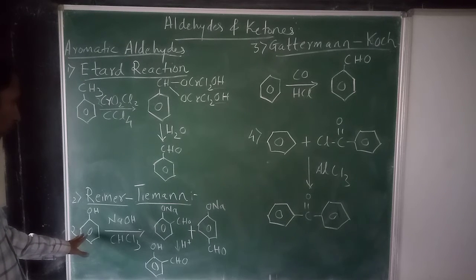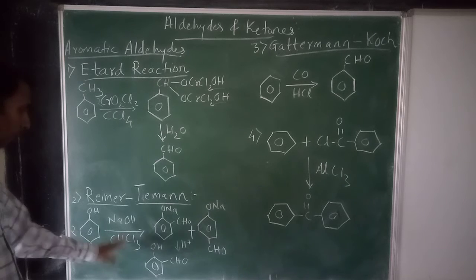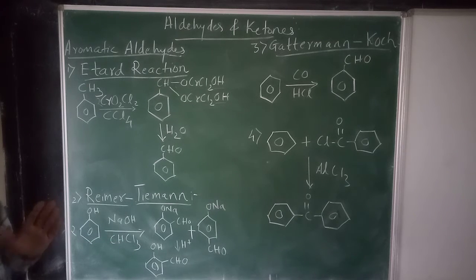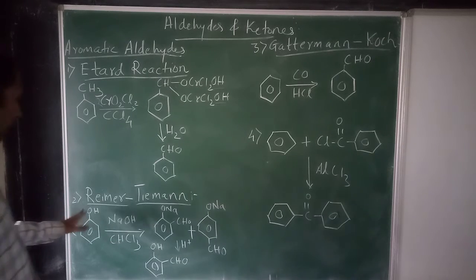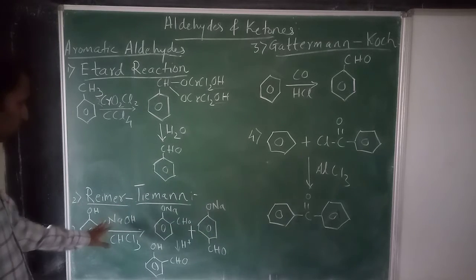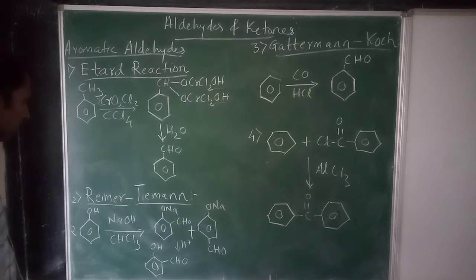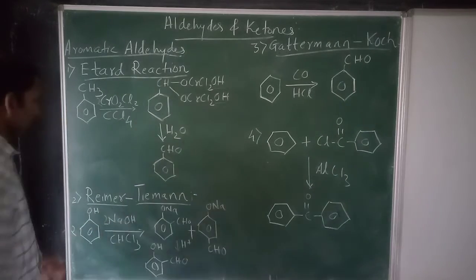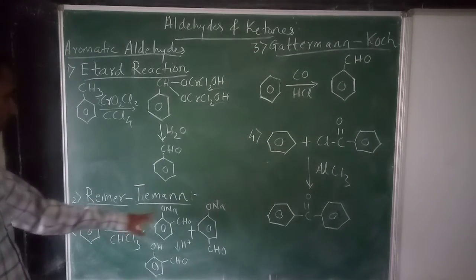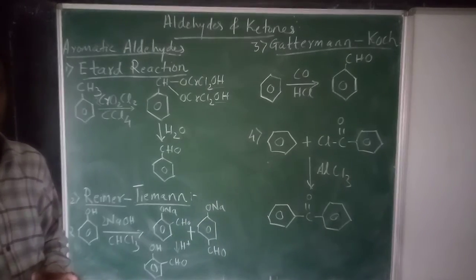Two molecules of phenol he treated with NaOH in presence of chloroform. CHCl3 means chloroform. So H is replaced by Na. Two molecules of NaOH are required, of course, for balancing. So H will be replaced by Na, and you get a mixture of products.